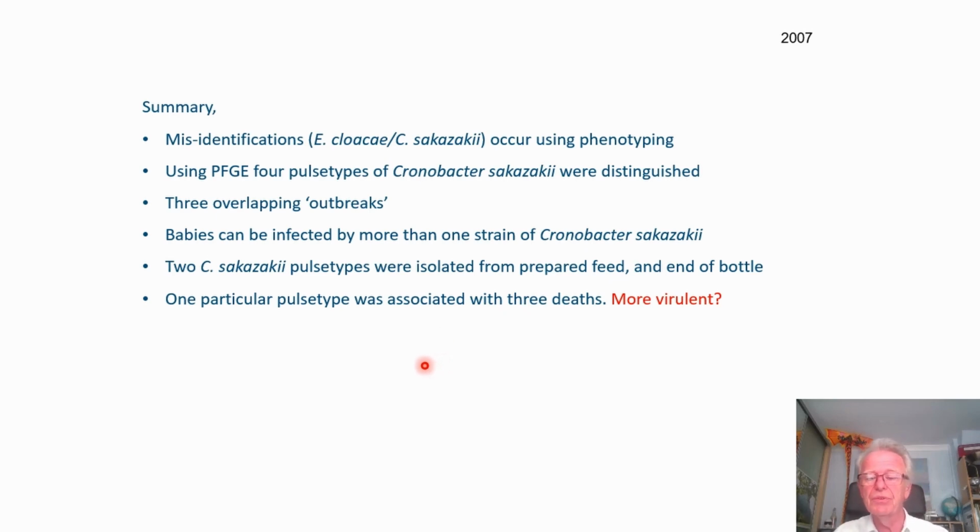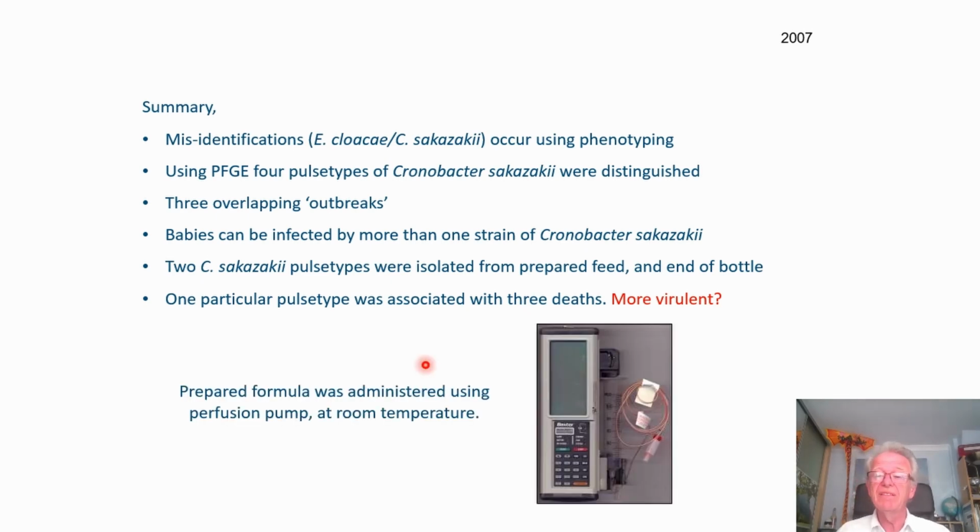So the other interesting thing to bear in mind: how were the babies fed? And I said before about nasogastric tubes, and that's really important to look at how babies are fed when you have an outbreak situation, because what happened in France is that prepared formula was made up in a large volume, not per feed, put into a big syringe, and this syringe has a pump mechanism, and slowly the syringe plunger is pushed down, pushing the feed along the nasogastric tube into the baby.